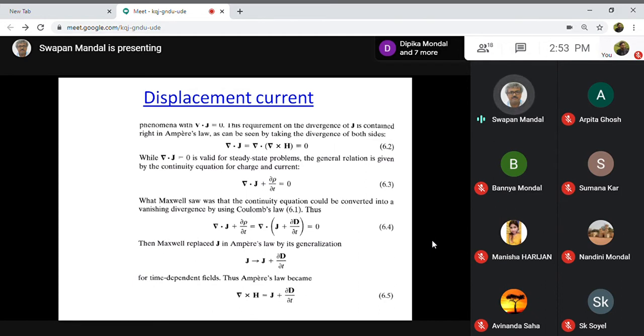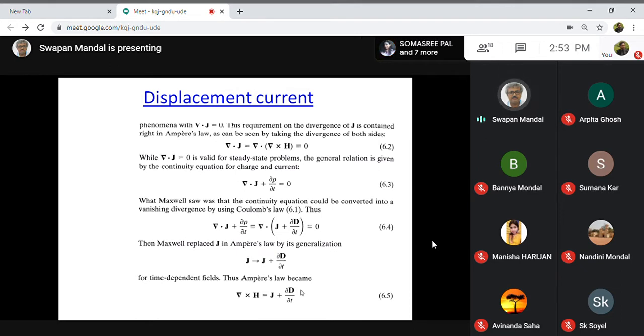This contribution is a remarkable contribution in physics, in the sense that it finally gives rise to the concept of the electromagnetic field.